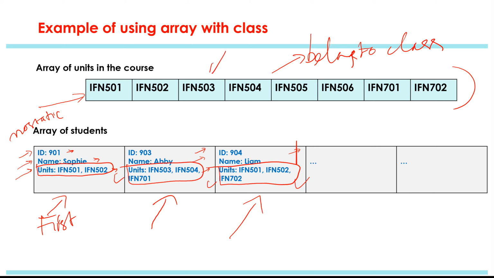But this array here will be associated with the class and is used among all objects of the class. Therefore, it belongs to the class. So when you declare this array, it should be a static array. Okay, so let's see how we do it in Visual Studio.